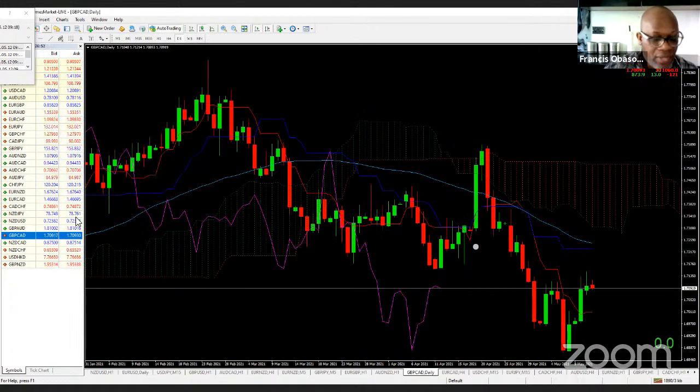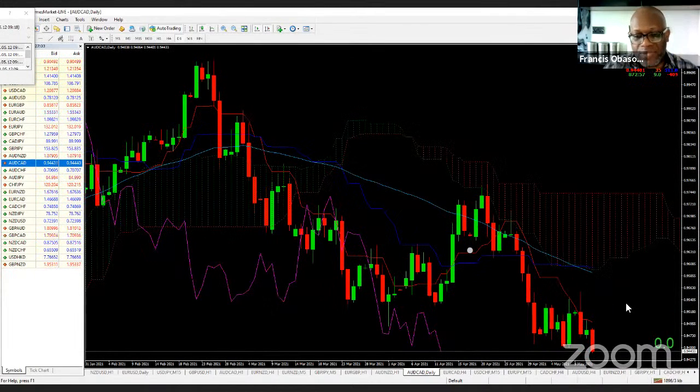I suppose that might mean that the Canadian dollar is currently strong. Let's just check the Canadian. Yeah, that's what it means. If all the currencies that are paired with the Canadian dollar, as the base currencies, are pushing downwards, it basically means that the Canadian dollar is strong.